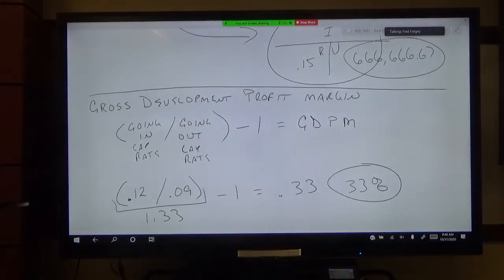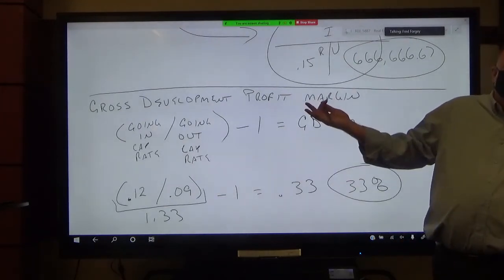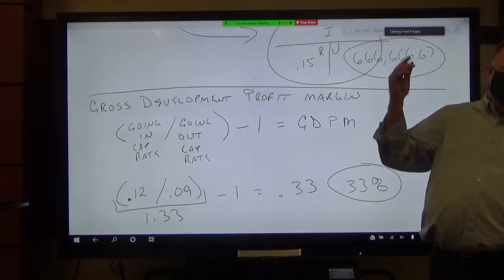Now, in practice, the difference between the going-in and going-out is probably not going to be that wide, okay? It may be 0.5% or maybe 1%, depending on the circumstances. But in this case, I exaggerated a little bit. Instead of 12% to 9%, it might be more like going from 12% to 11.5% or something like that.